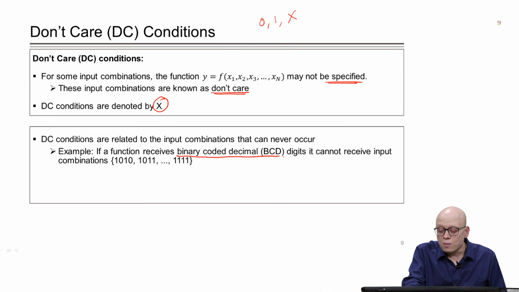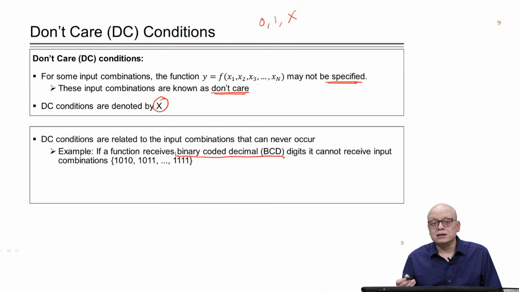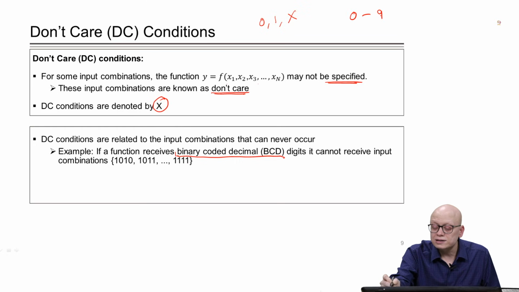A binary coded decimal digit is represented in 4 bits, and the values it can take are between 0 and 9, coded from 0 0 0 0 to 1 0 0 1.